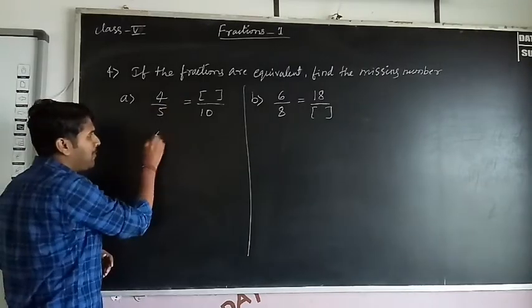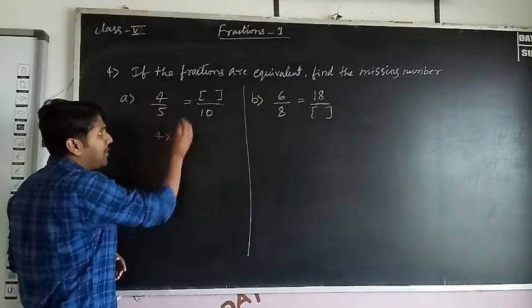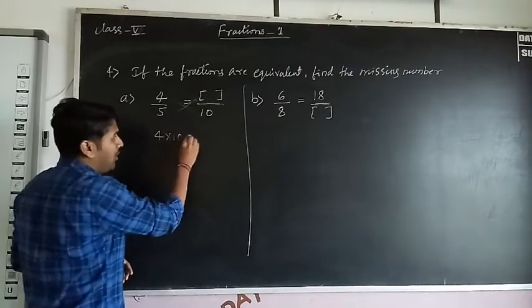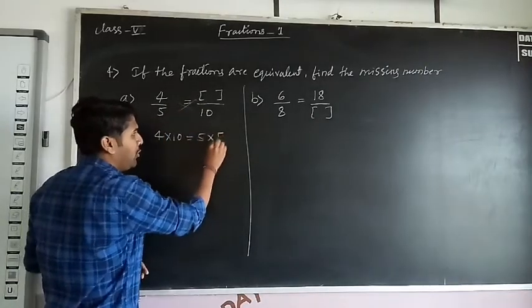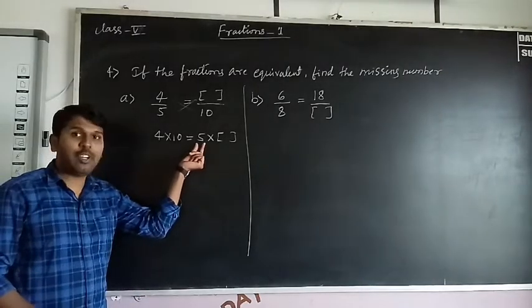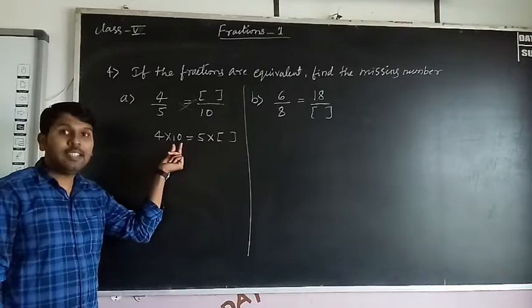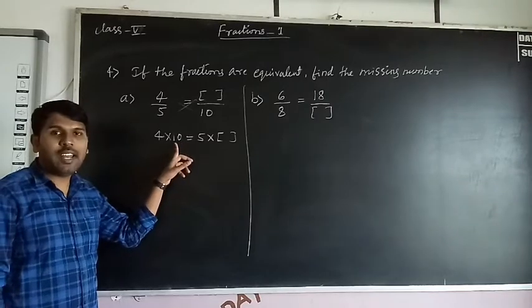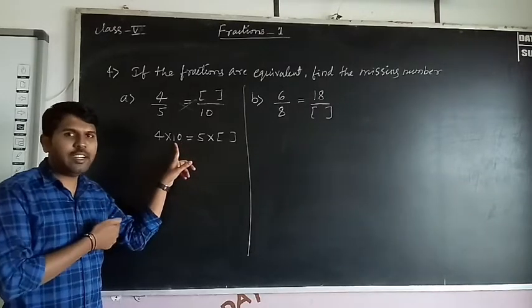So cross multiply 4 into 10 equals 5 into the bracket. You don't know the bracket, so leave it as it is. Here 5 is there, but here 10 is there, isn't it? So convert this 10 as 2 5s, we can write it.